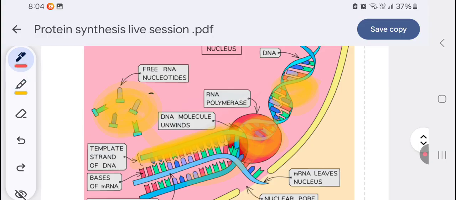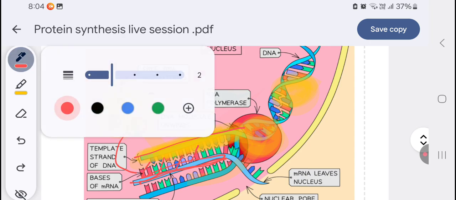We call this exposed area of the DNA the template DNA, as in the printing process. So these free nucleotides come here and stick to their complementary bases in the template DNA. And then a sugar backbone comes and joins them together.